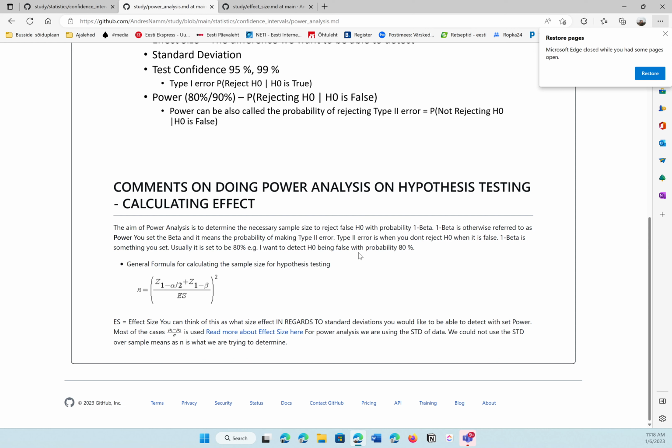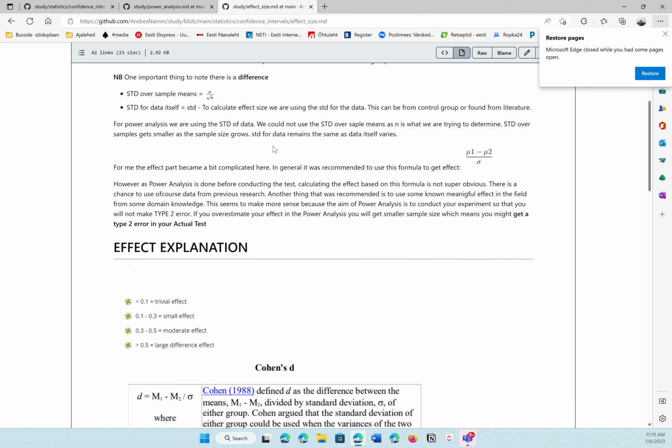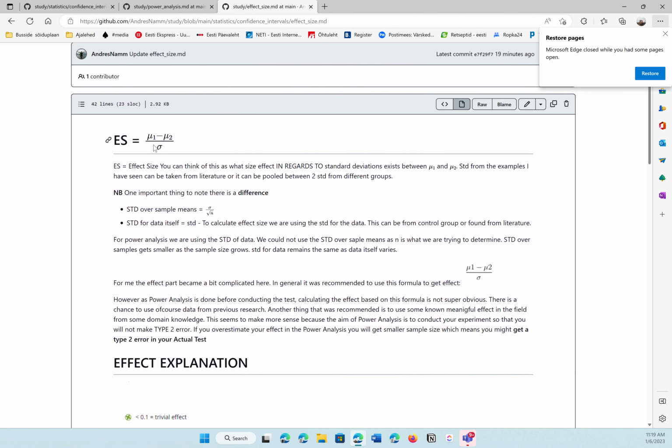You can think of the effect size as what size effect, in regards to the standard deviations of the data, you would like to be able to detect with a set power. And again, this is the formula for this effect size.